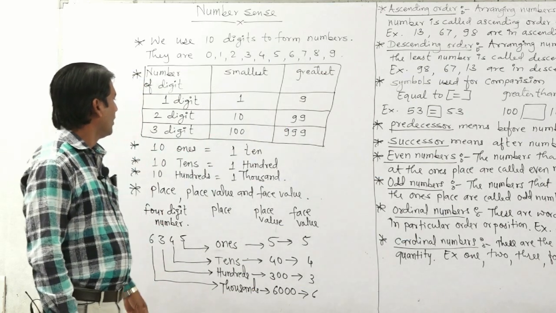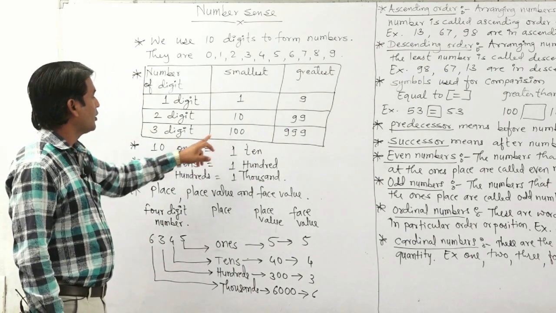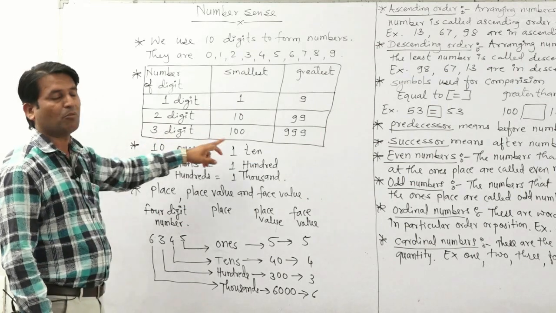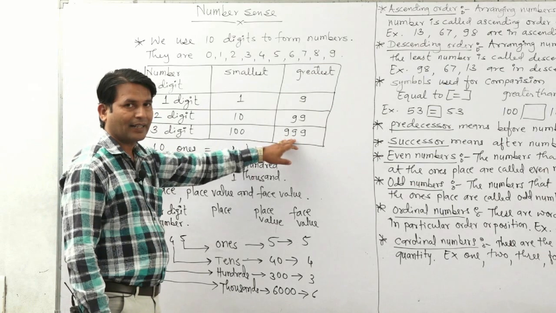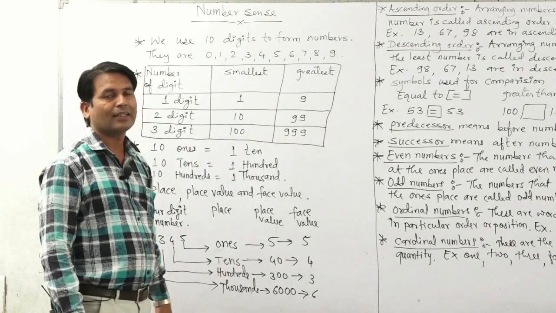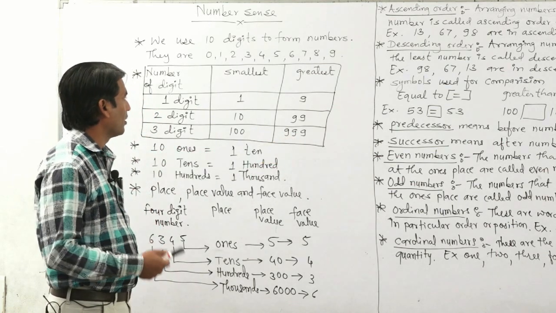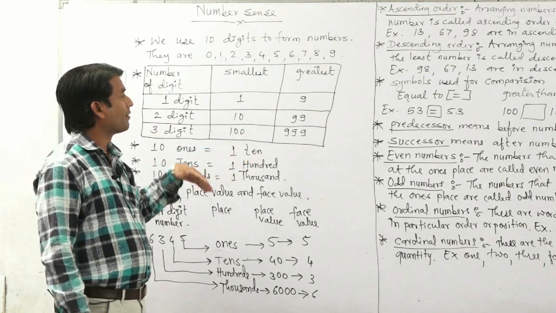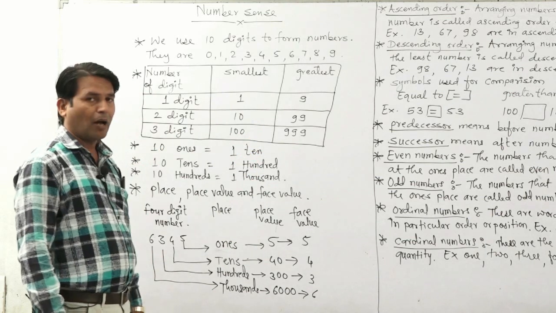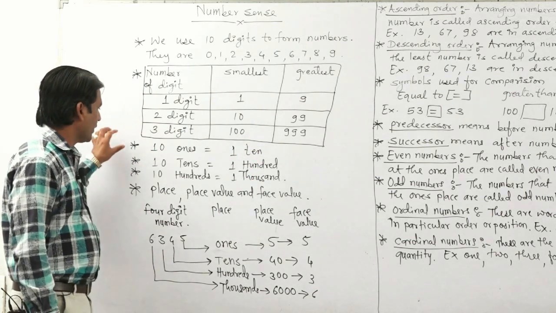After that, 100 is the smallest three digit number and 999 is the greatest three digit number. Like this we can form the smallest and greatest number. Okay? After that we will move on.